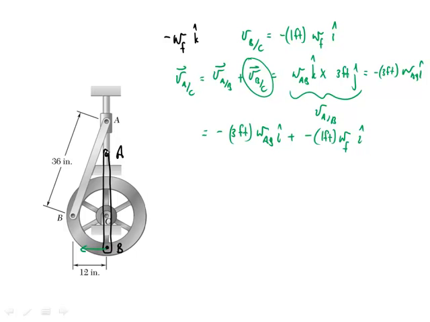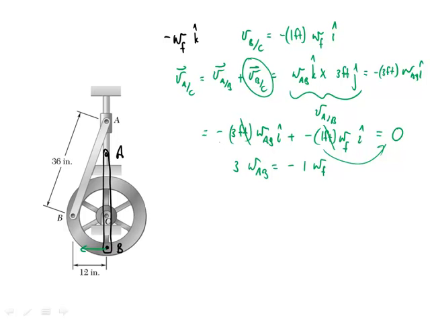In this scenario, A is restricted to run only in the j direction. So this total velocity has to be 0. And therefore, 3 times omega AB equals minus 1 times omega F, where the feet are canceled out here. And if I bring it to the other side, this has gone to positive and that stays negative.